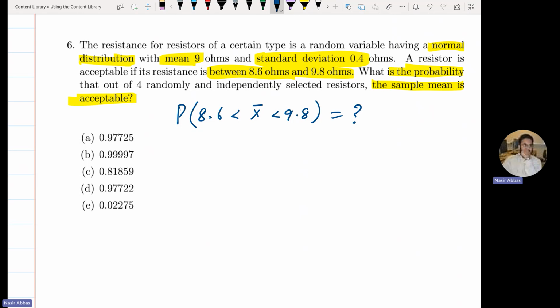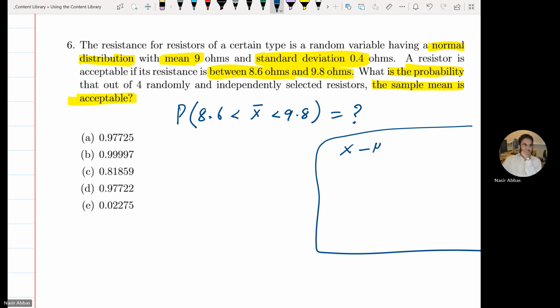How do we find any probability related to the sample mean? Chapter 7. Any probability related to X, if it is normal, you solve it using this formula. Any probability related to X bar, you solve it using this formula.